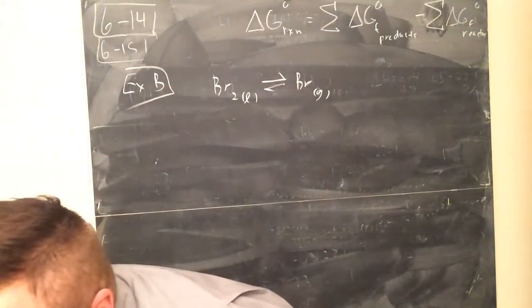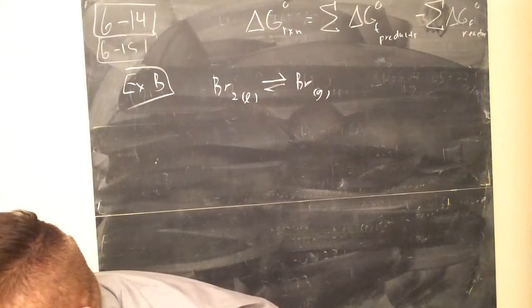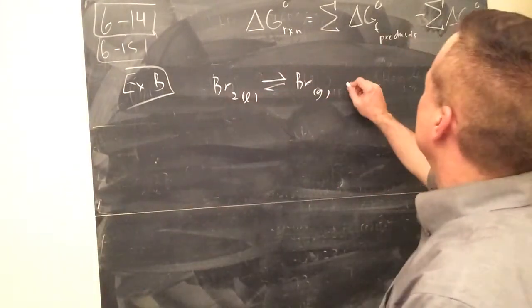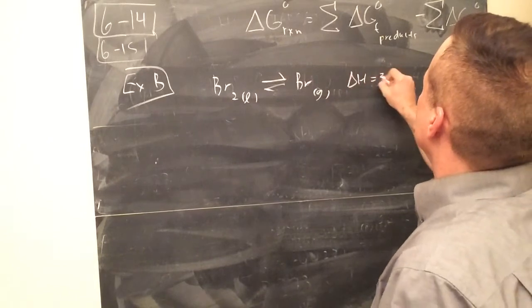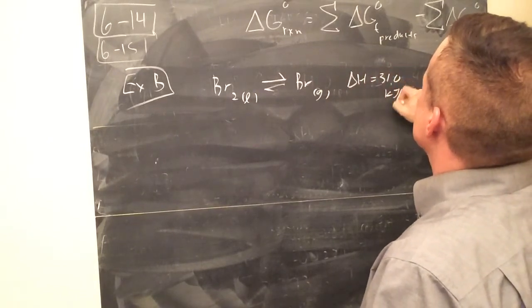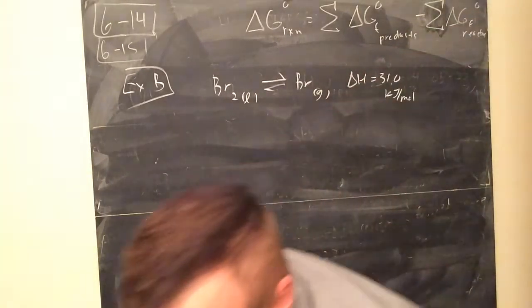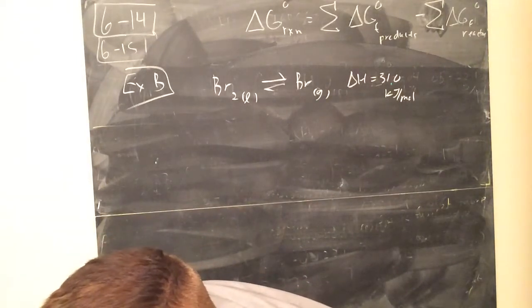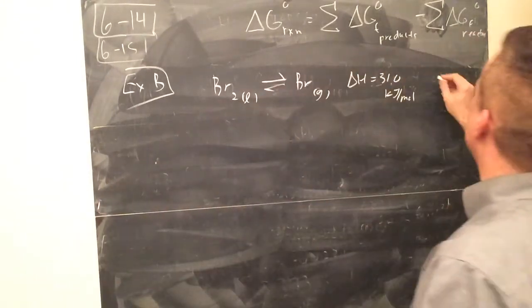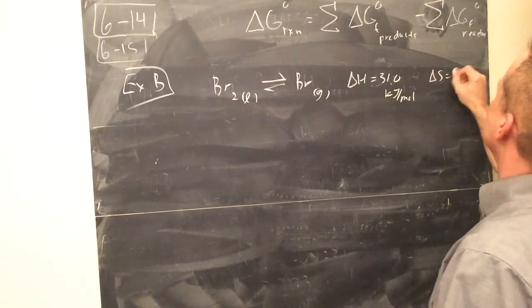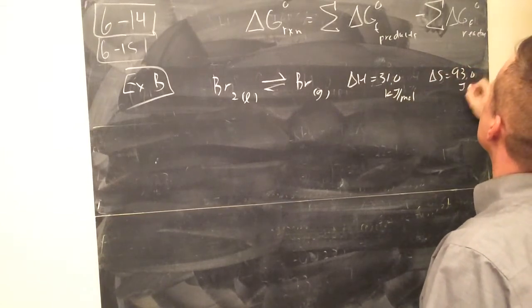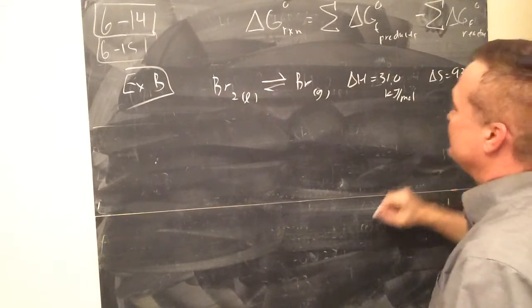And it says delta H is 31 kilojoule per mole, and then delta S is 93.0 joule per mole Kelvin. Hopefully I copied it down right there.